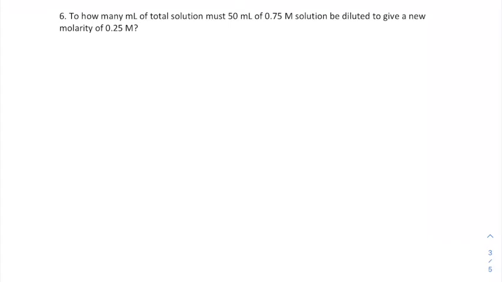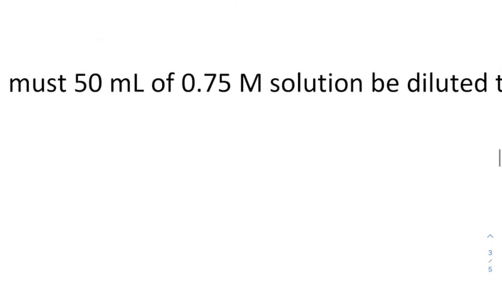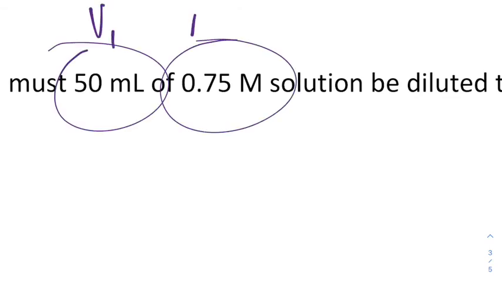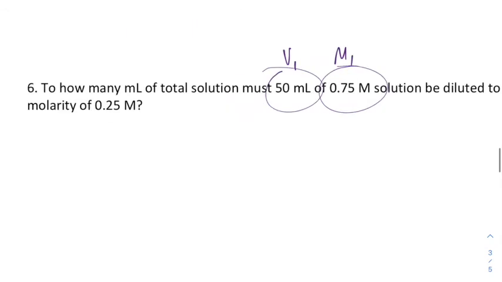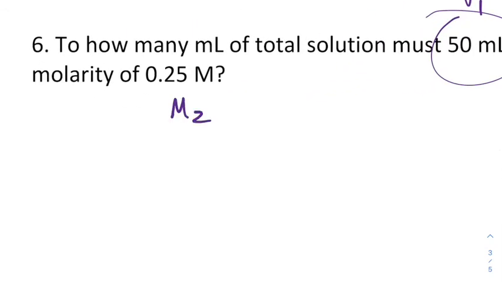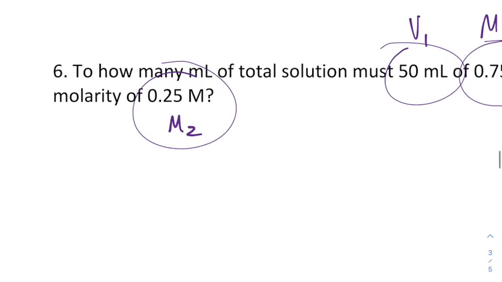Number 6 is no different than number 5. We're just looking for a different variable. It's another dilution problem. So it tells us that we have 50 milliliters of 0.75 molar solution, so that's V1 and M1, and we want a new molarity, M2, to be 0.25, so it wants to know what the new volume is.